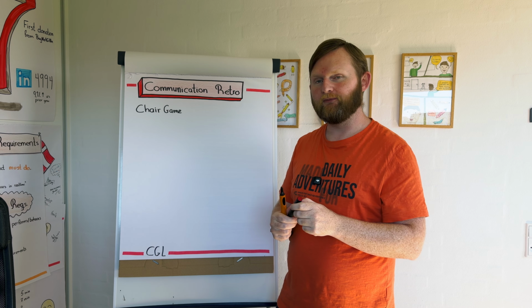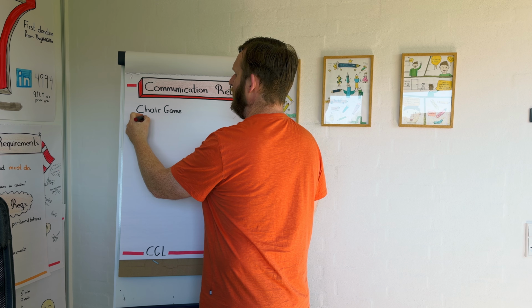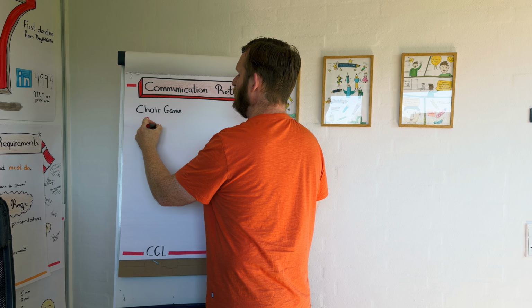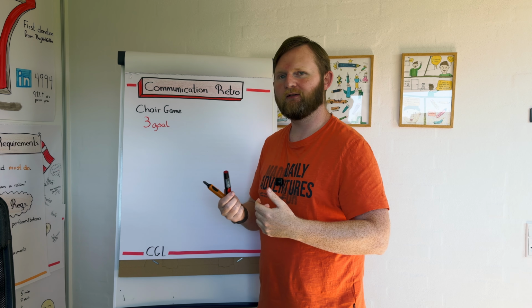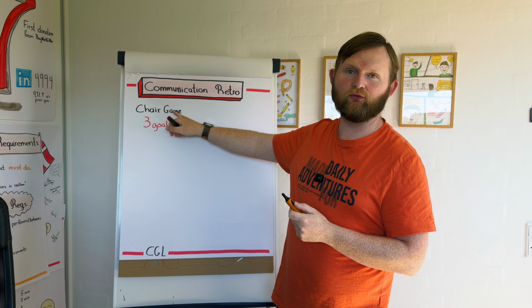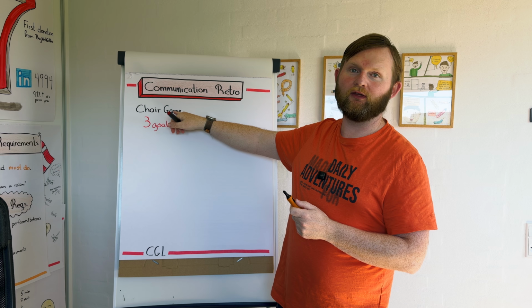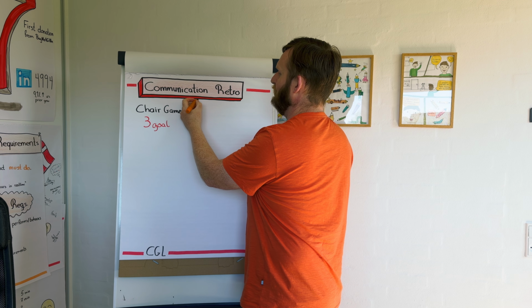So the chair game, we divide the group into 3 groups, and these 3 groups have their own mission or their own goal, and that is how to organize the chairs. So one group has to put the chairs upside down, one group has to put all chairs in pairs, and one has to put all the chairs in a circle.